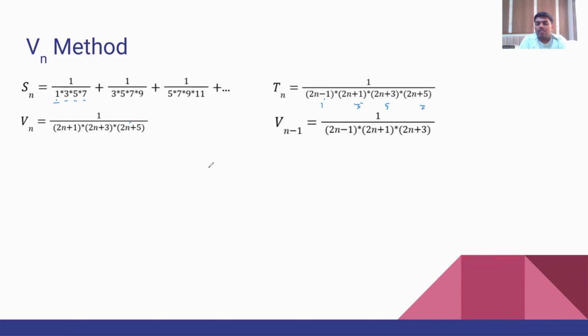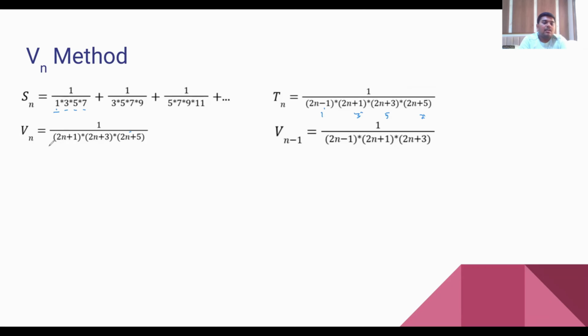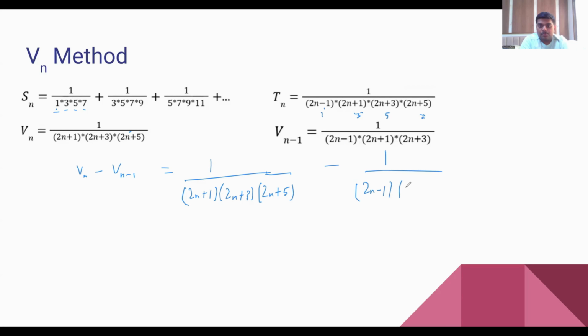Now, all that we need to do is Vn minus V of n minus 1. This is equal to 1 by (2n plus 1)(2n plus 3)(2n plus 5) minus 1 by (2n minus 1)(2n plus 1)(2n plus 3).